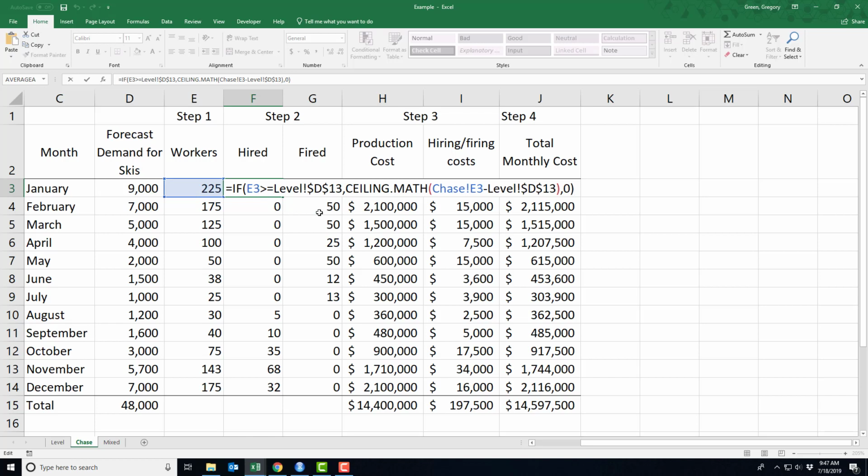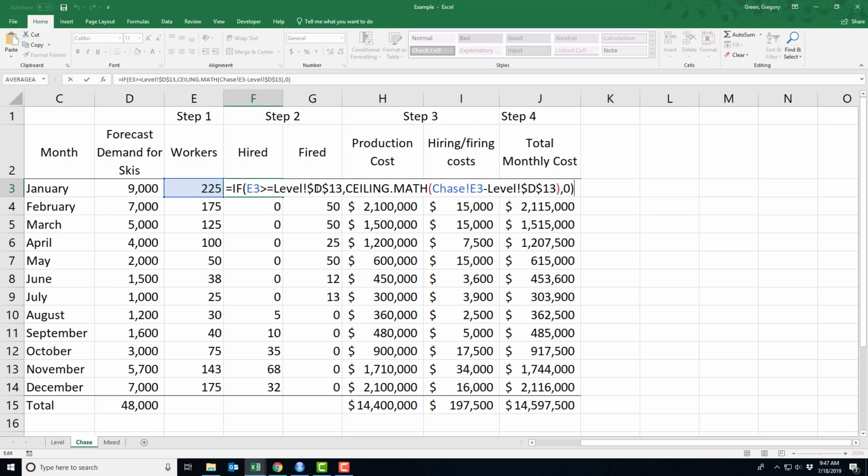Okay, how much more labor? Again, I can't hire fractional labor. So what do I need? I need my 225 minus the current level of employment. So this would be 225 minus the 100 that I already had employed, and that's going to calculate the number of people I need to hire.